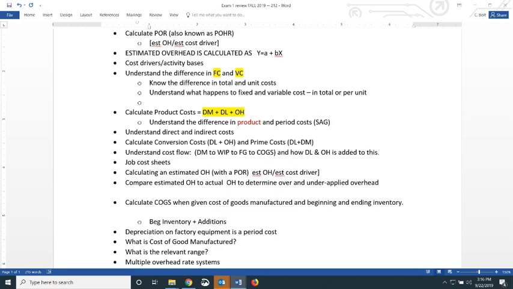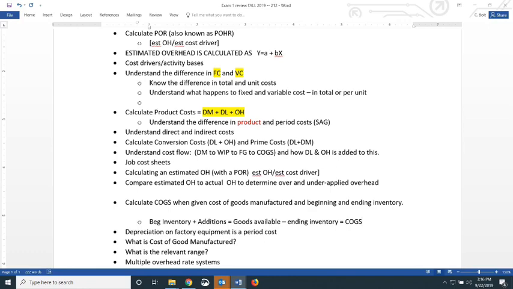Sometimes that's additions to work in process, additions to finished goods. And then we say that is equal to goods available. And if we subtract out ending inventory, that's going to equal our remaining balance. In this case, it would be cost of goods sold.